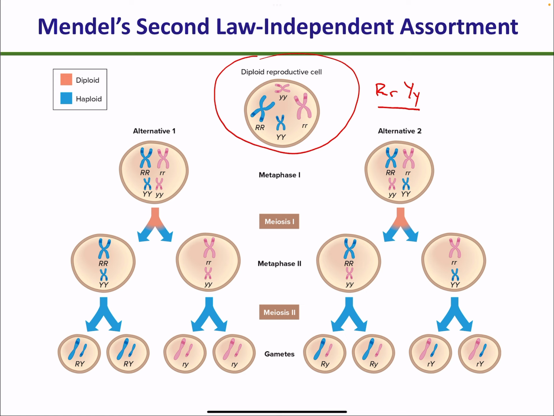This is a dihybrid individual. Why dihybrid? Because you have one hybrid, two hybrid. Okay? So now, the question we are going to ask is, what are the possible gametes that can be formed from one individual, considering that they are dihybrid?